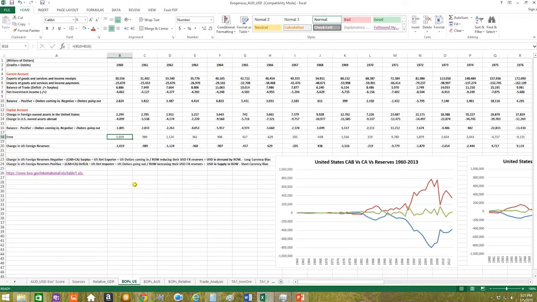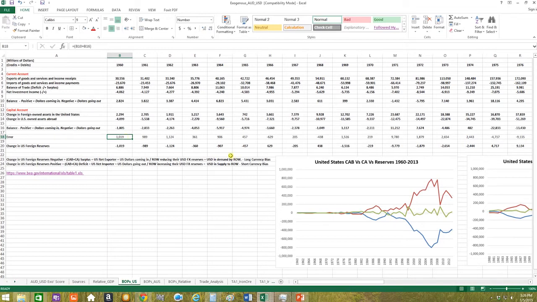So the rest of the world has lost $1 trillion US dollars, and the $1 trillion has come into the United States. And by the United States' own accounts, this means that the change in US foreign reserves in dollar value has gone down in proportion relative to the dollars coming in.